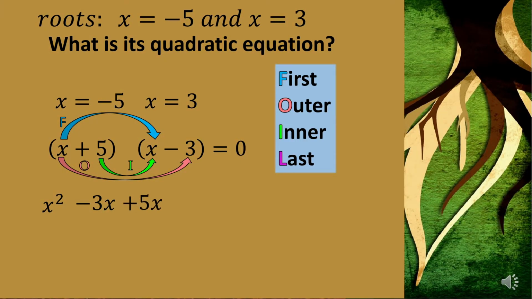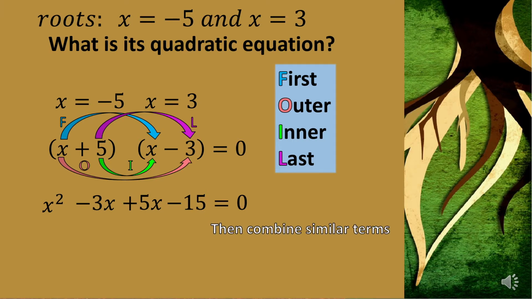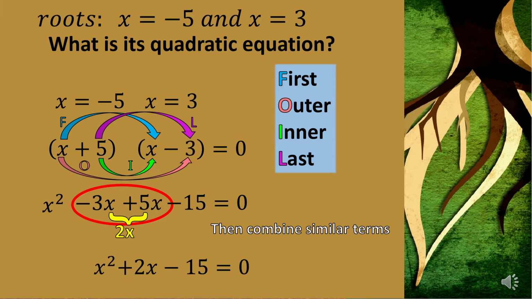And the last terms, 5 times -3, is equal to -15. Then, we combine the similar terms. So, what are the similar terms? The similar terms are -3x plus 5x, and that is equal to 2x. Therefore, we have the equation x squared plus 2x minus 15 is equal to 0.